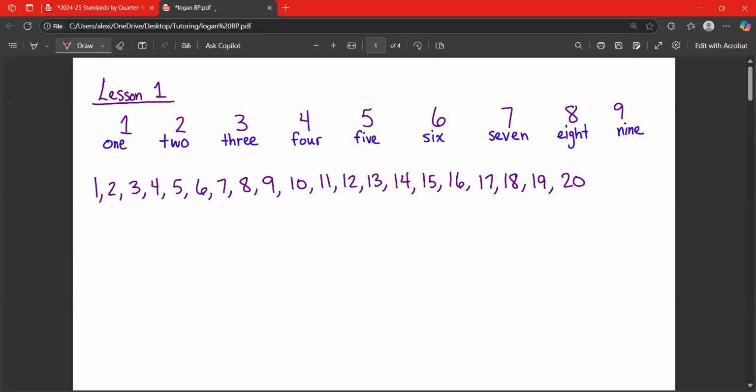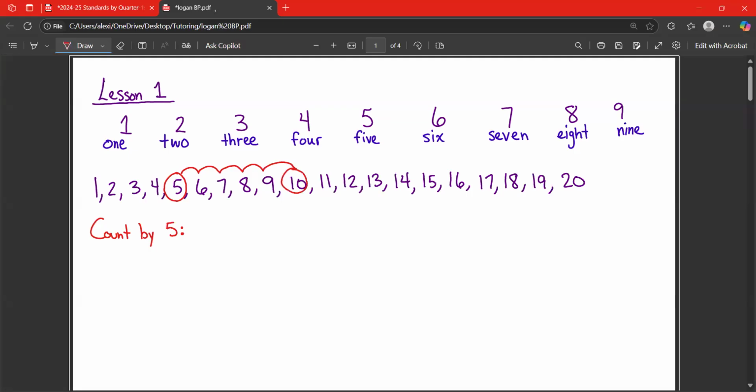What if I wanted to count by fives? Well, to count by five, I'm going to go ahead and start with 5. And that means I need to jump forward 5 spaces. So when I jump, I'm going to do an arrow. 1, 2, 3, 4, 5. So I get 10.